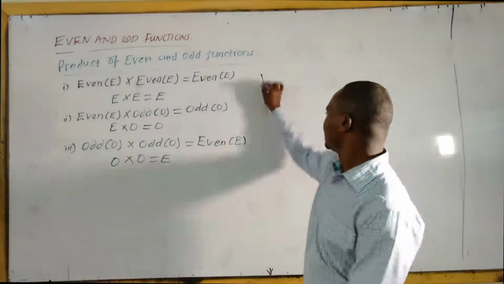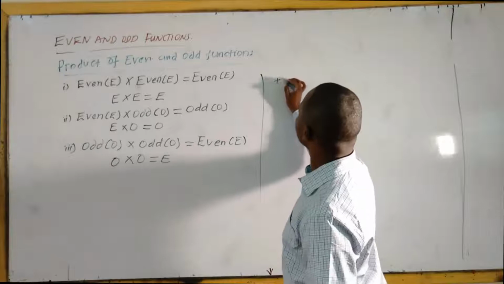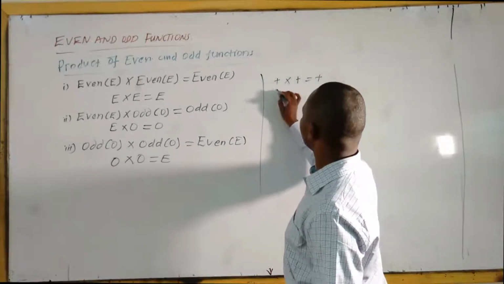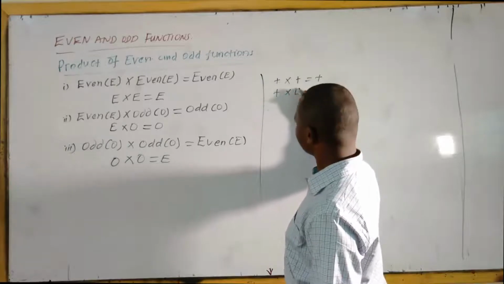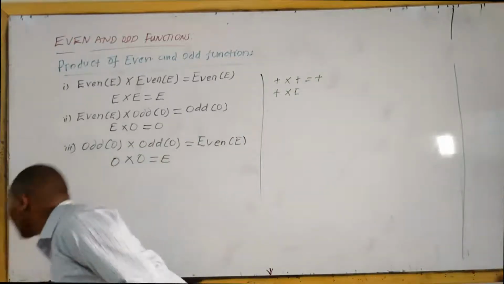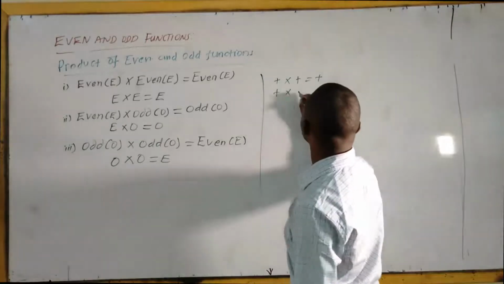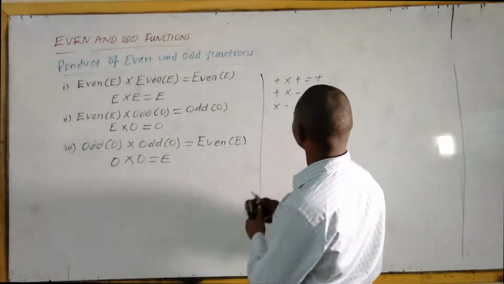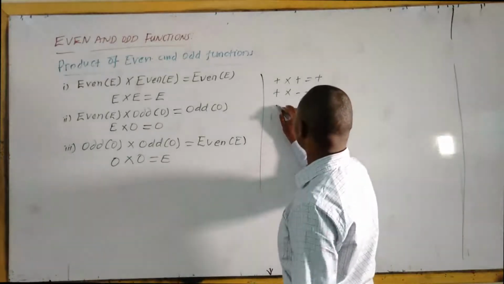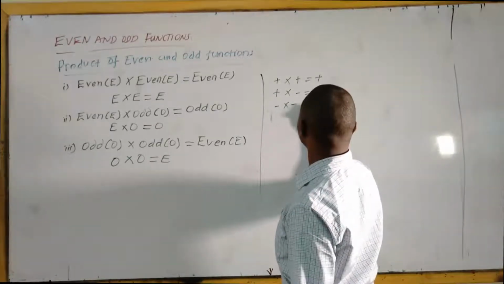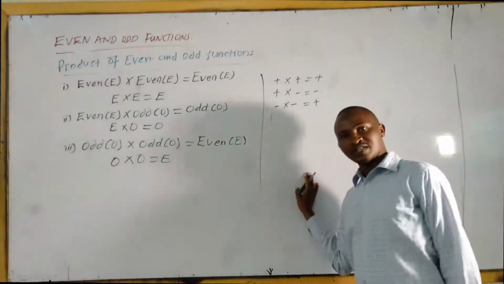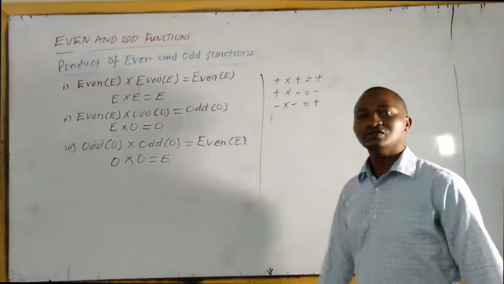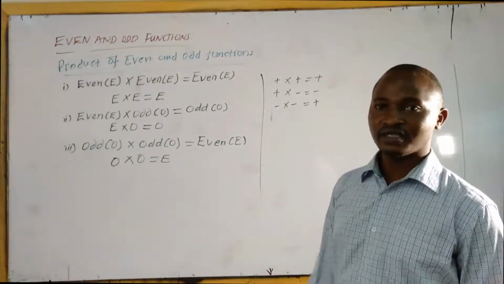You know that positive times positive is equal to positive. Positive times negative is equal to negative. And negative times negative is equal to positive. Take even to be a positive, odd to be a negative. They'll give you the same results.